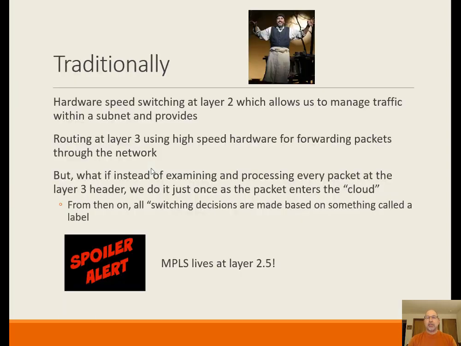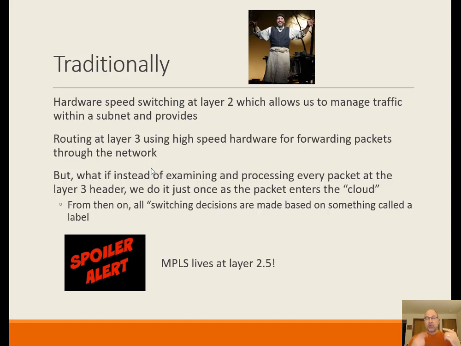Hardware switching at layer 2 is really, really fast. Within a network, switches really just have to do an error check on the CRC, process the source address table, and then off it goes. But at layer 3, we have to hit a router, and now we have to process the IP header, including the header checksum.